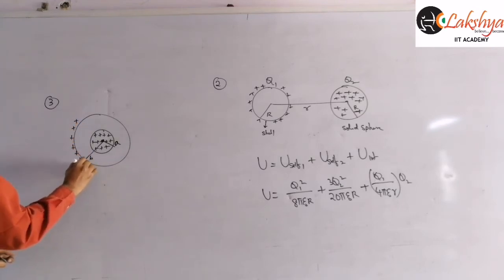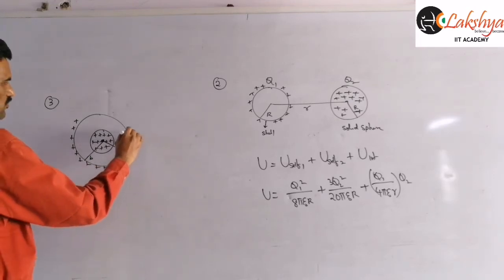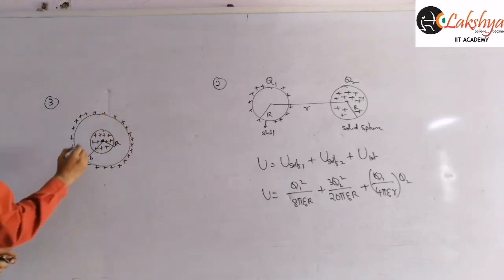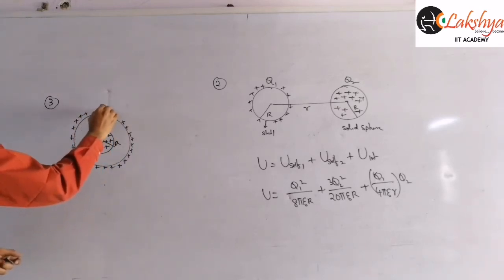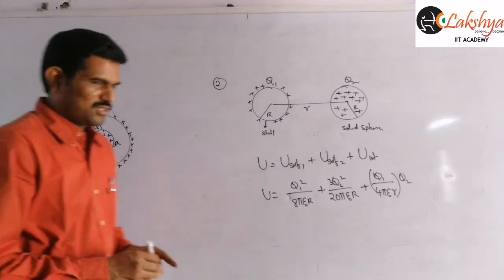So by the diagram you can identify this: the inner one is a solid sphere having some volume charge distribution, and the outer one is a shell. These two are concentric. Let us take these as Q1 and Q2, right?